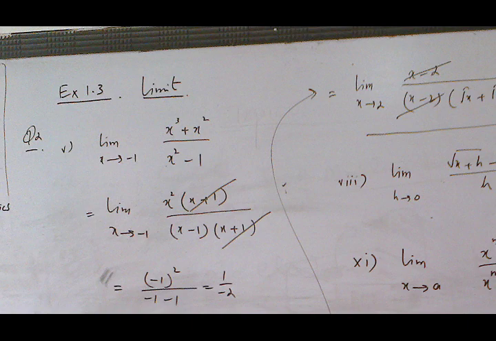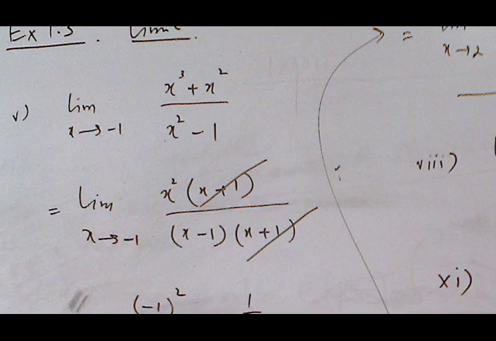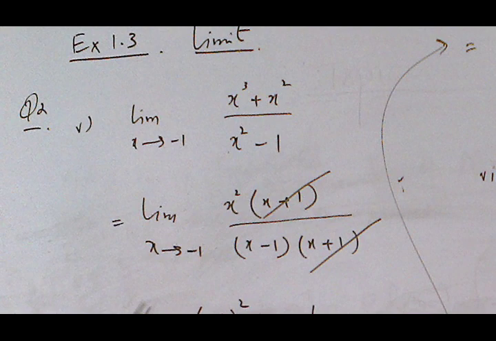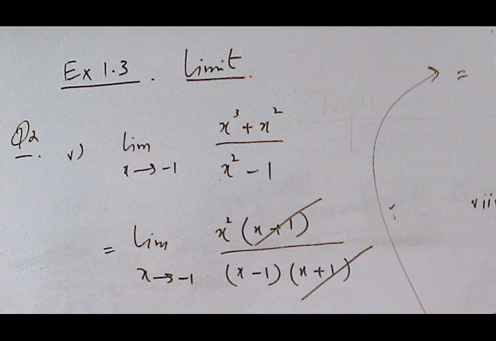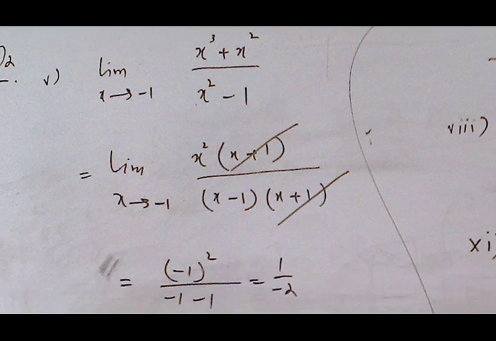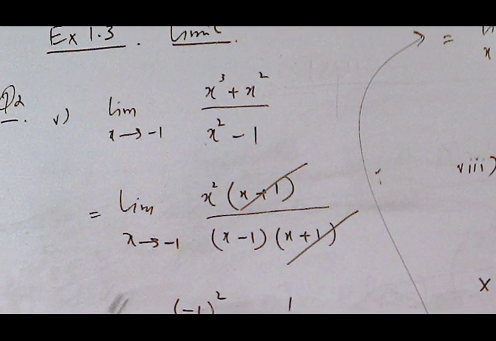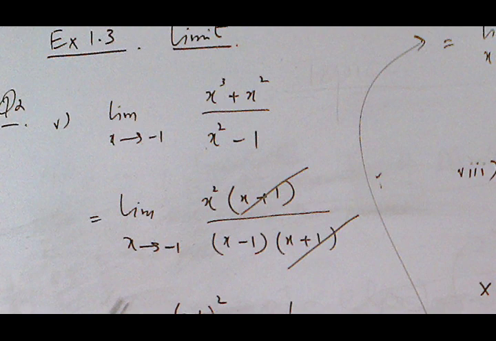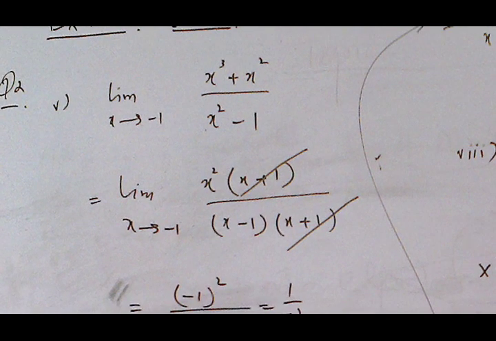In this question we directly put the limit, but in question number 2 we first simplify the expressions and then put the limit. Here in first question, if we directly put -1, it becomes undefined infinity, so we reduce and factorize.